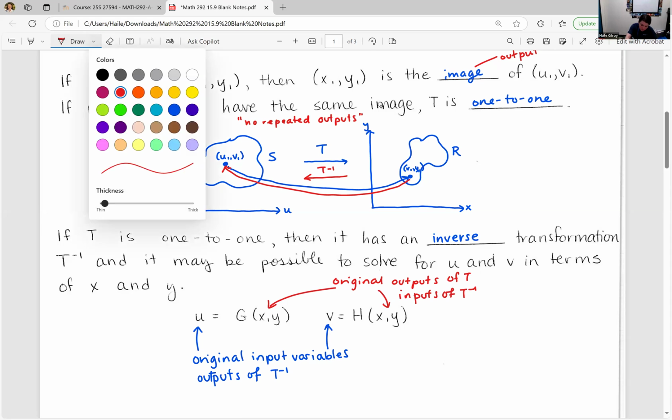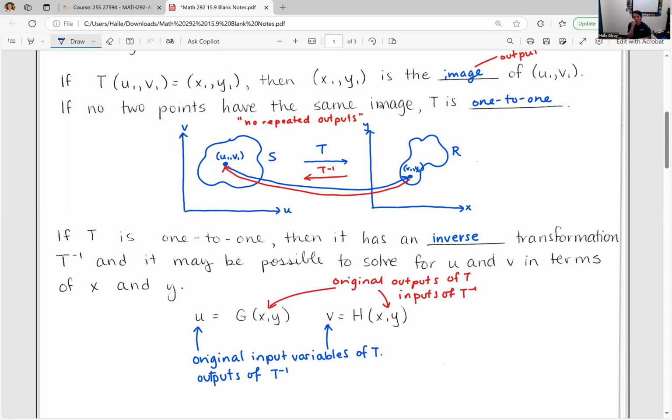So maybe I'll put of T. There. Okay. So literally one function undoes the other. That's what an inverse is.